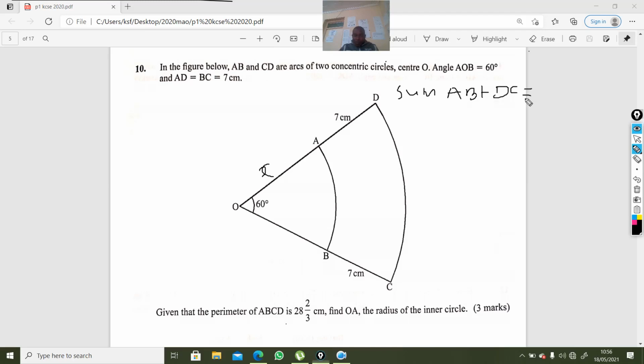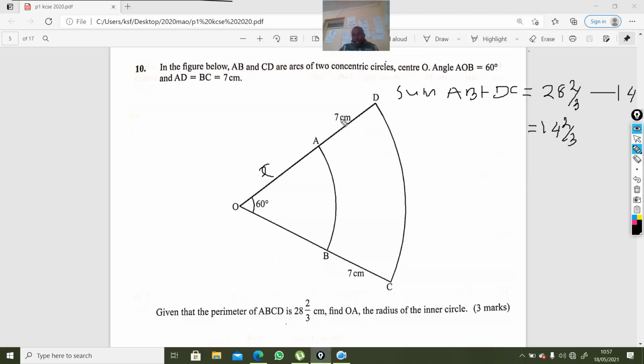The sum of the two is equal to 28 and 2/3, then minus this 14, because you already have that 14, which gives you 14 and 2/3.